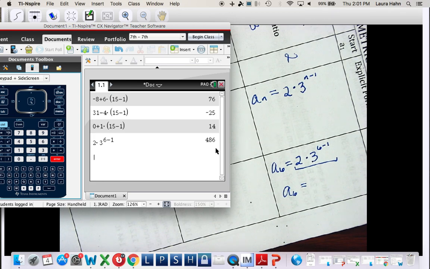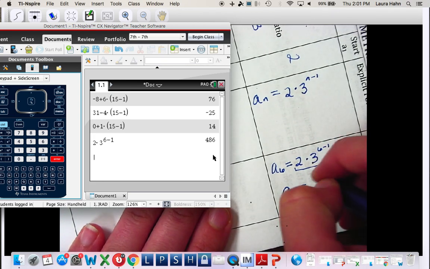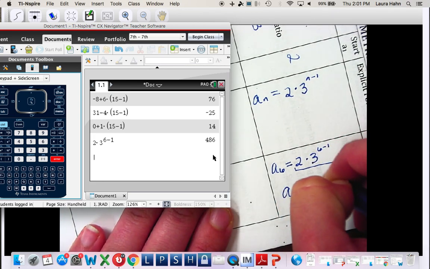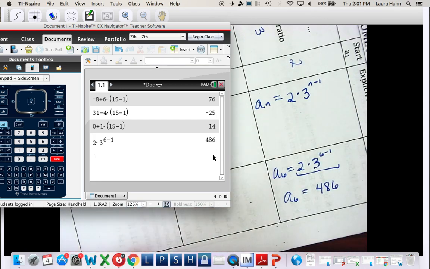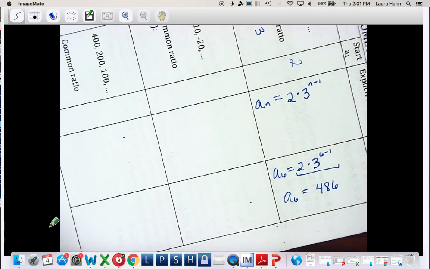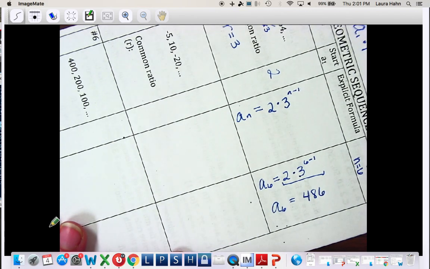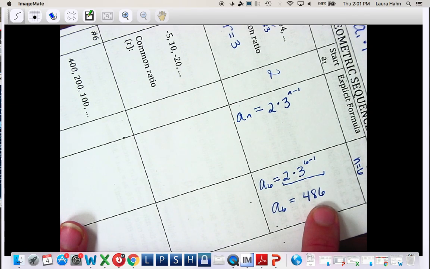So I get 486. So make sure you have that copied down. So if I would have continued my pattern, when I got to the 6th number, that's what it would be. So if I would have kept multiplying by 3, that's what I would have got.